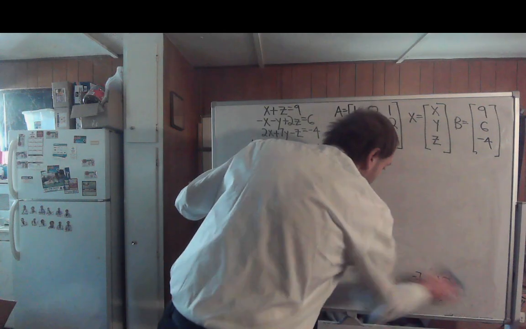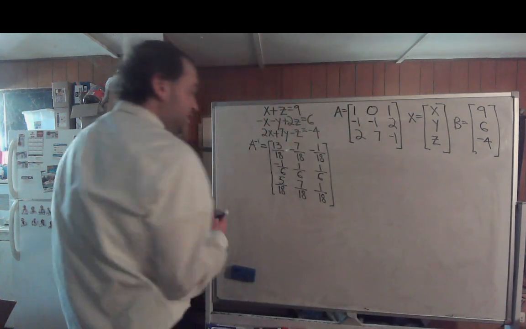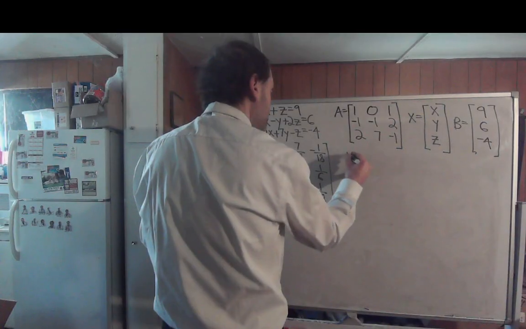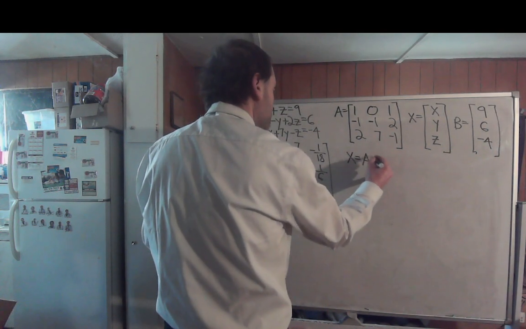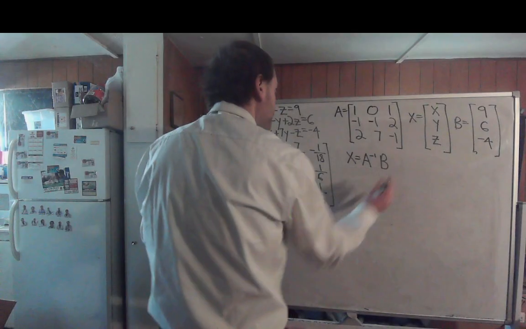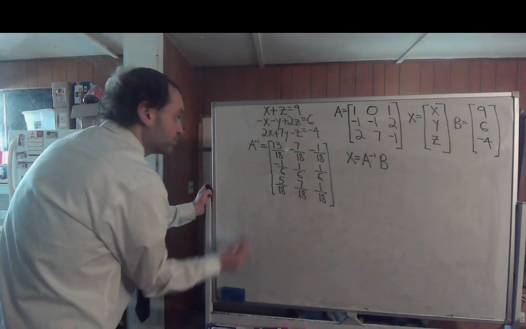So the idea is, again, X is going to be equal to that A inverse times B. So let's go ahead and set this up real quick.